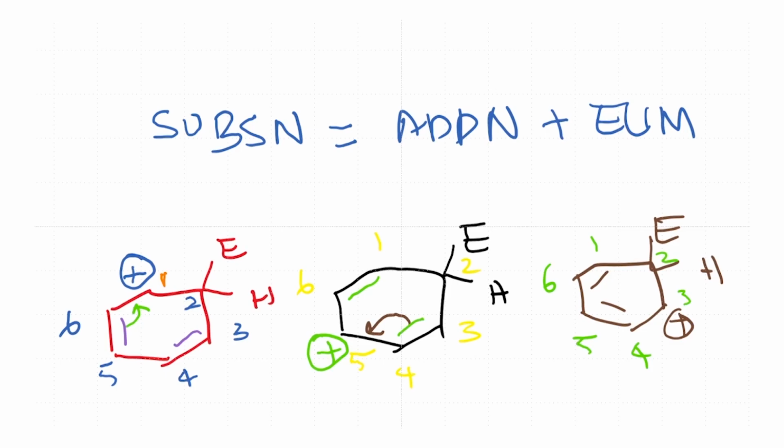Now let's look at a slightly different reaction, which is basically the nitration reaction. This is something that we might have encountered earlier in our previous courses, but it's a very important reaction that we understand.